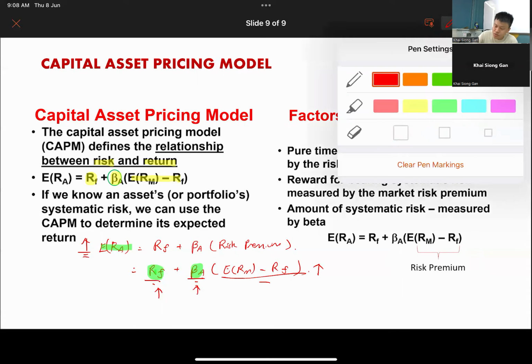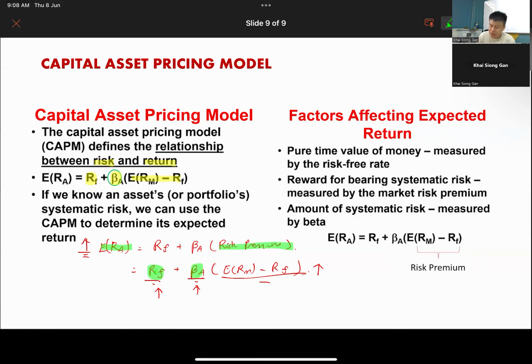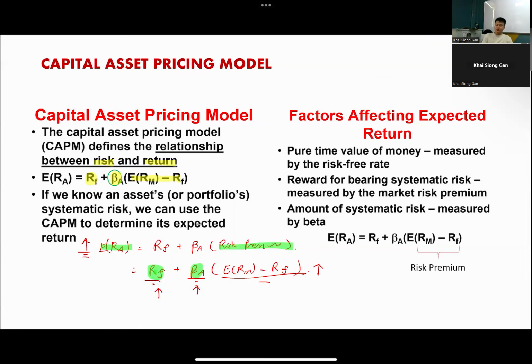So we have three components that will have an impact on the expected returns that you want to earn from the investment itself, from this CAPM model. That's the thing you need to know for this topic. Once you are done, you can have a look at the direct questions first.